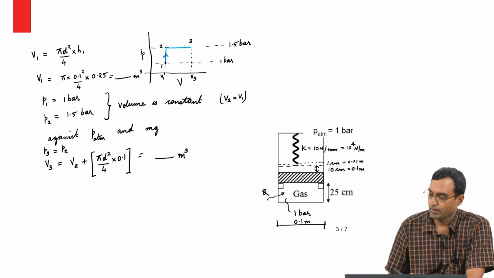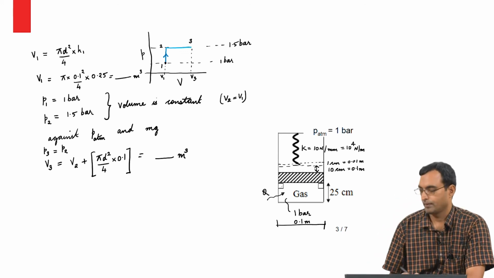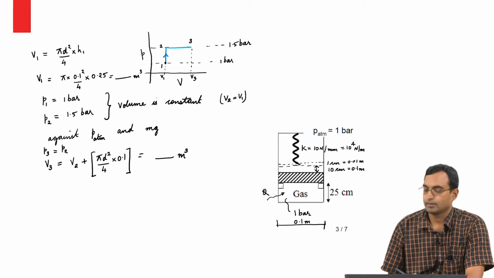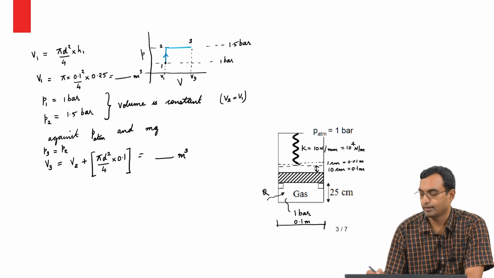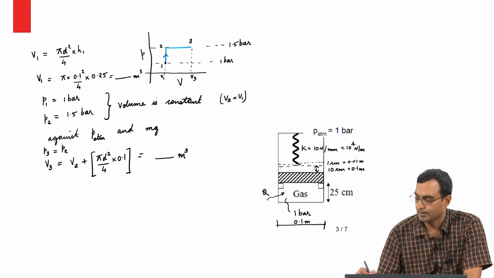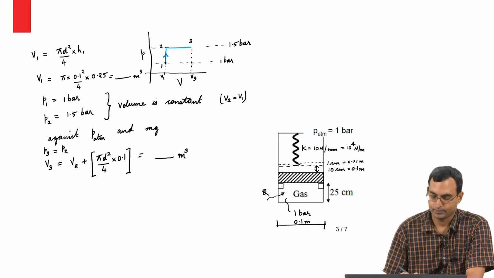So, when we reach this point V3, what happens is that we are touching the spring, and after that we are still continuing to give heat. So, the pressure is going to increase and we are still continuing this process until we deform the spring by a distance of 1 centimeter or 0.01 meter.